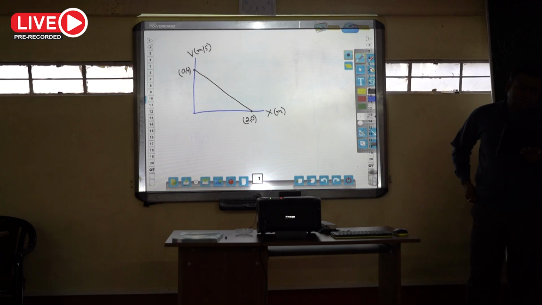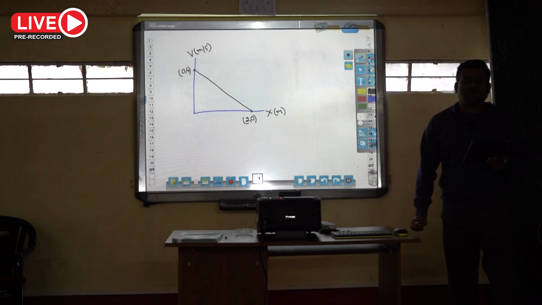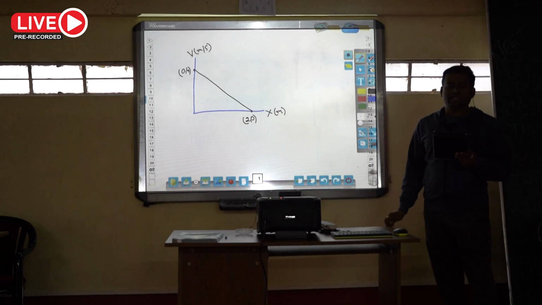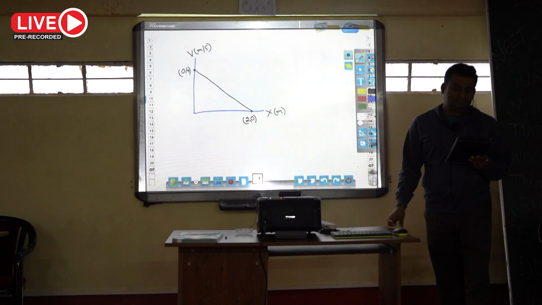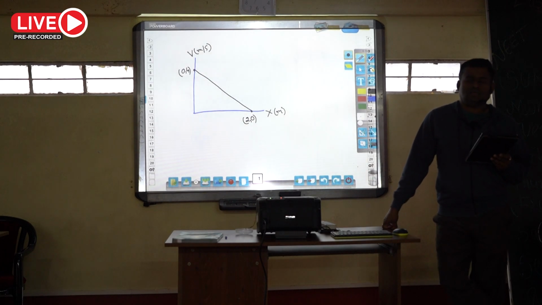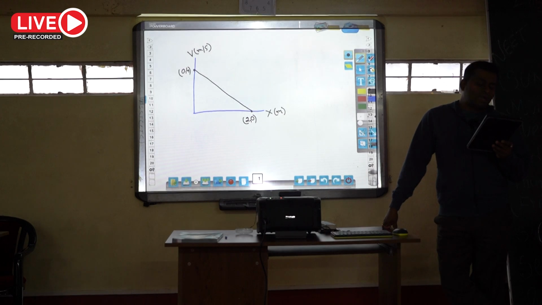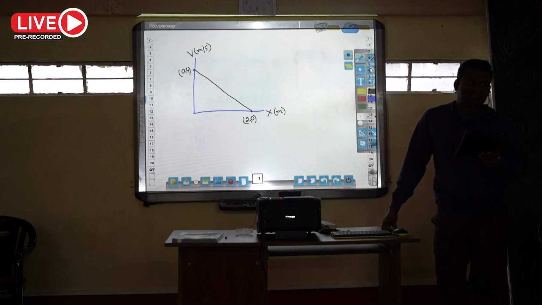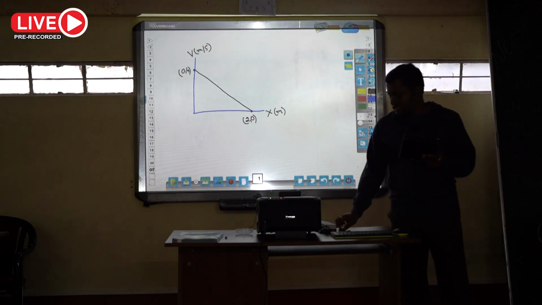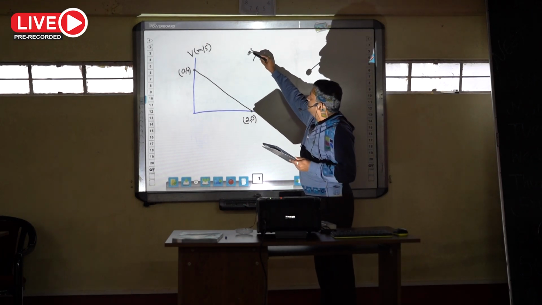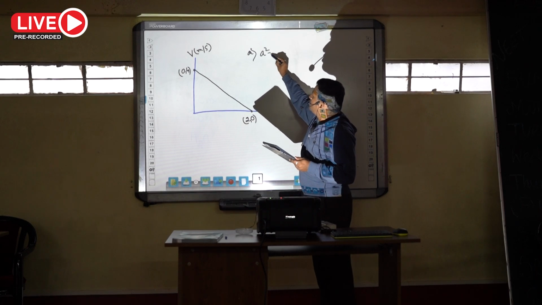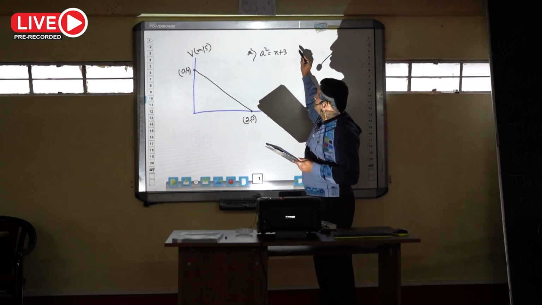The acceleration of the particle varies with position as. Option A, a square equal to x plus 3.